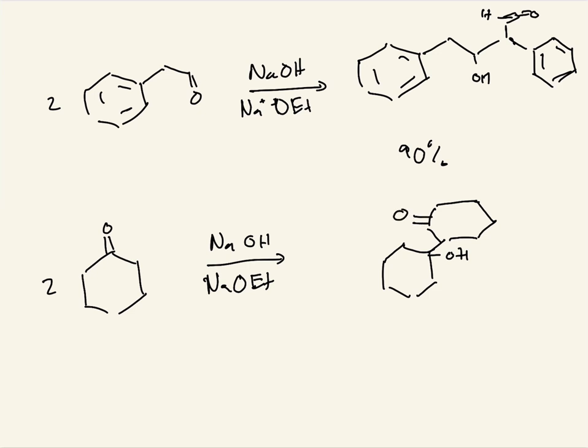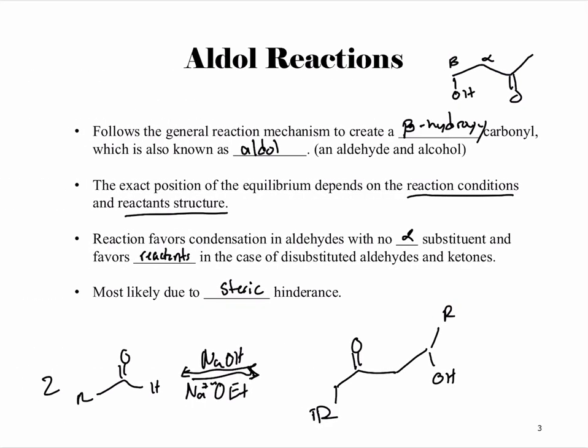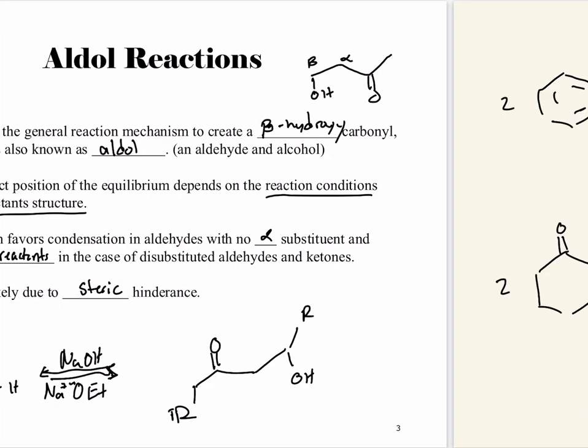All right, and we'll talk specifically about how we get these different structures that I'm looking at here. So based off of the general rule of thumb, aldehydes with no alpha substituents favor the condensation, and reactants are favored in the case of disubstituted aldehydes and ketones.